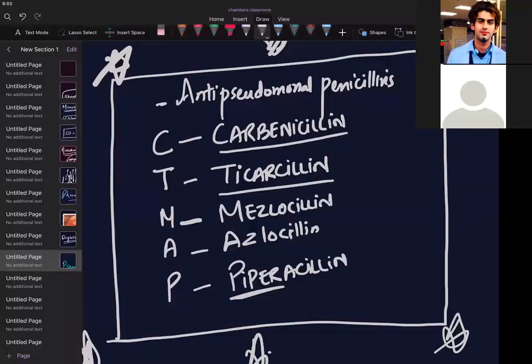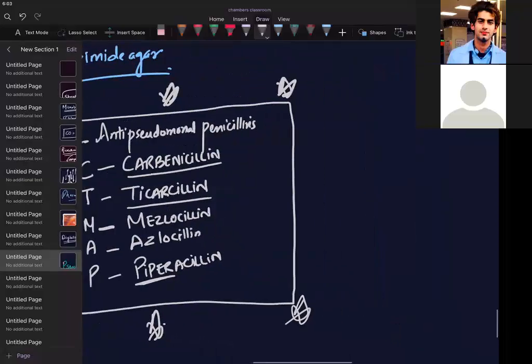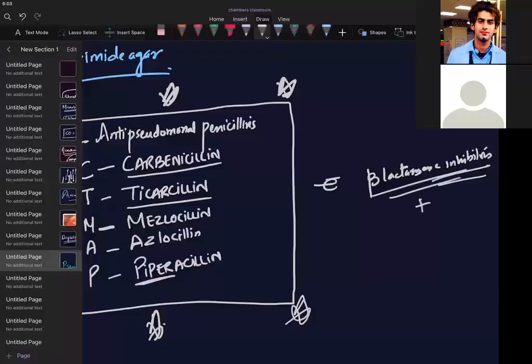And we are using them not alone. Please remember, we are using them with beta lactamase inhibitors. Let me write in full. So we use these for Pseudomonas, with beta lactamase inhibitors plus aminoglycosides.